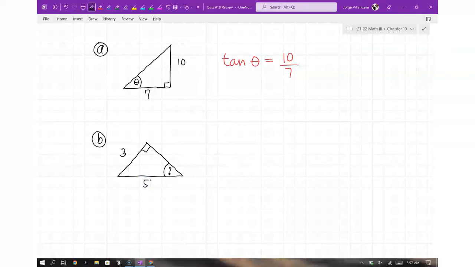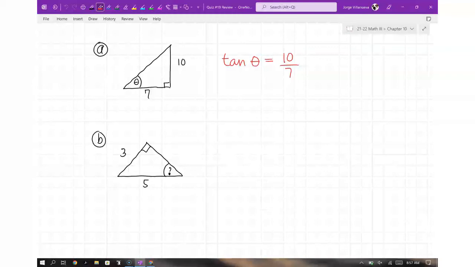All right. So which trig equation am I going to use for that angle? Okay, which one would I use? I mean, what are the side names that I have? Do I have adjacent, opposite, hypotenuse? Which ones do I have?